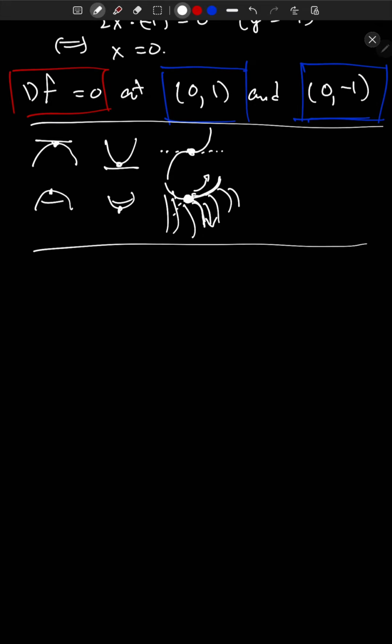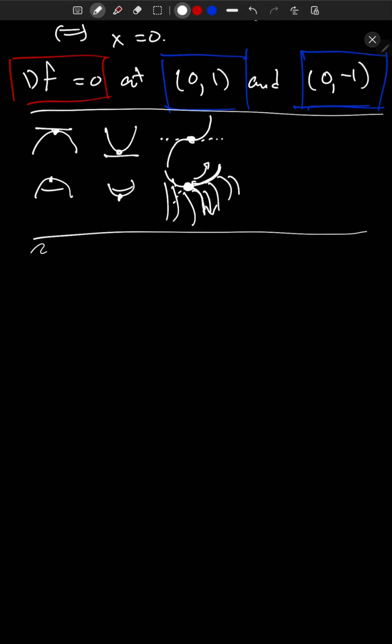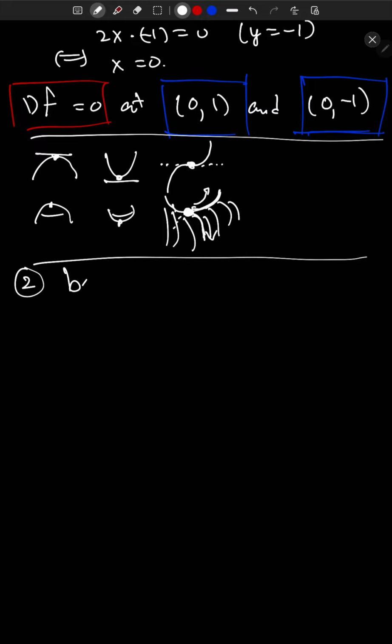All right, in any case, we're going to continue here. That's it for part 1. So now into part 2. Part 2 was the boundary, and remember, this was analogous to looking at the endpoints. And in single variable calculus, the endpoints are no problem.